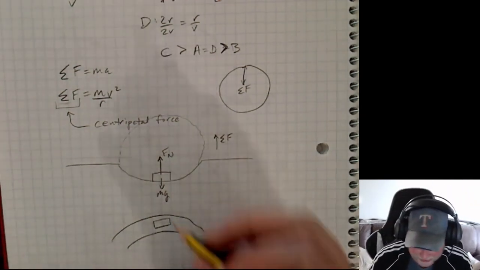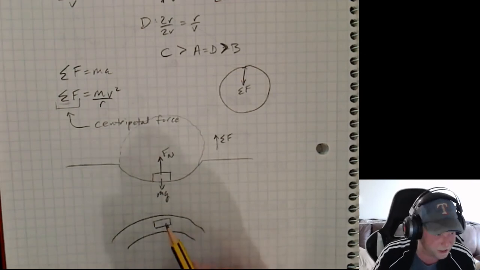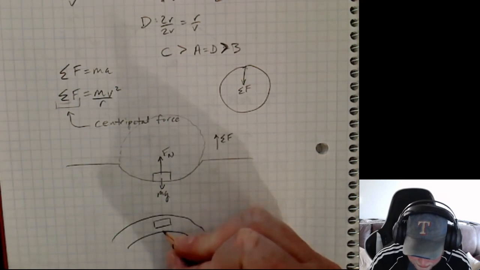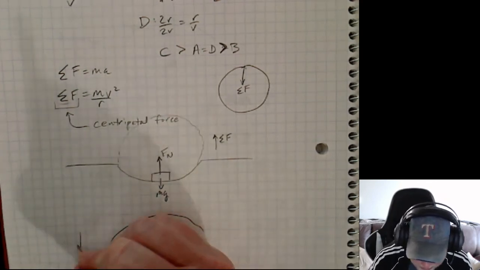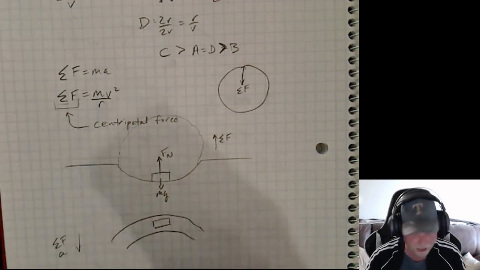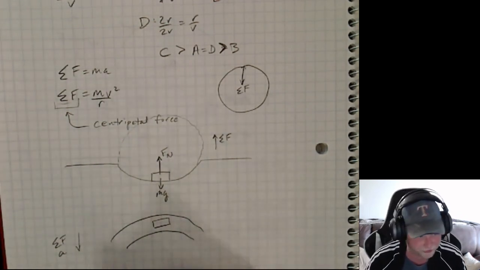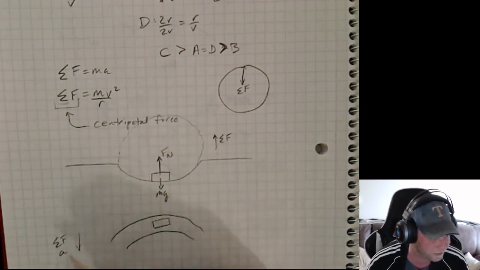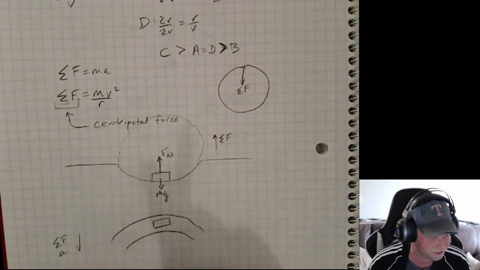In this case, it can't be gravity, it can't be normal force, because those are vertical forces. Both the net force and the centripetal acceleration are directed towards the center of the circle, so any vertical force won't contribute to the actual acceleration.